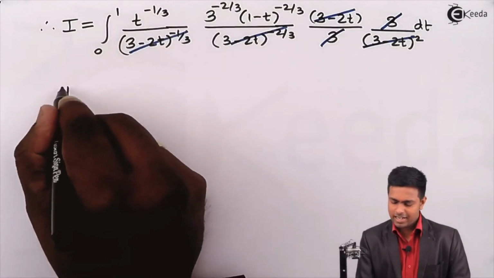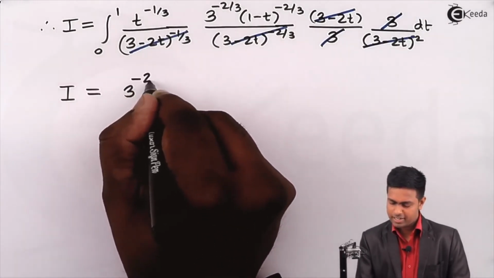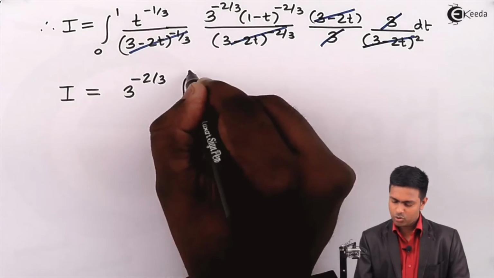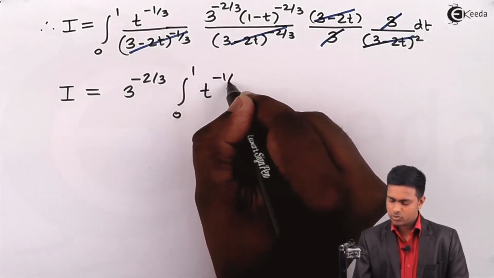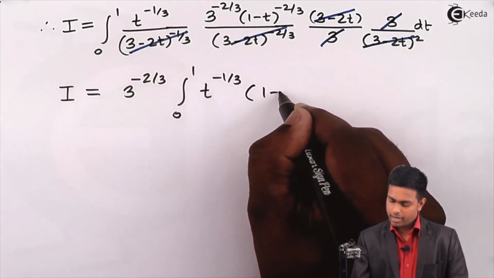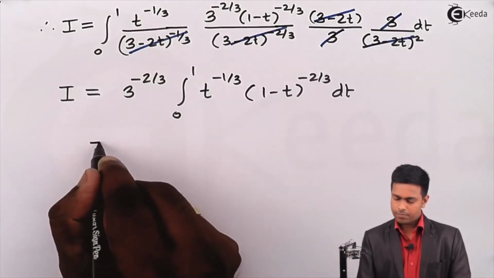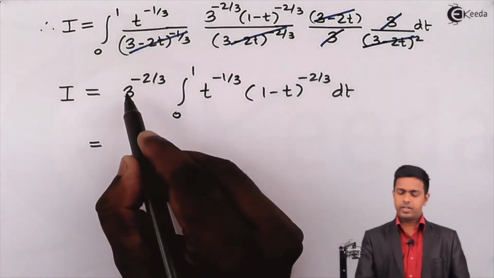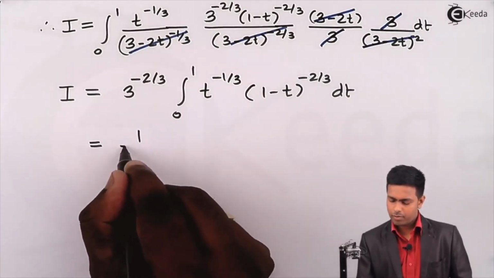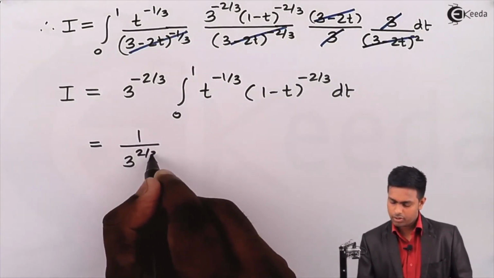So I is equal to 3 raised to minus 2 by 3 integration 0 to 1 t raised to minus 1 upon 3 1 minus t raised to minus 2 upon 3 dt. So we'll take this into denominator, so the power will be positive, so 3 raised to 2 upon 3.